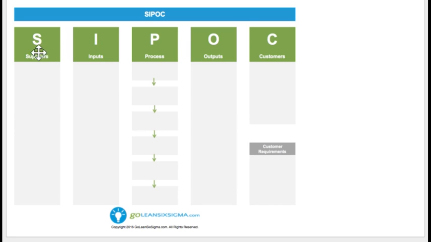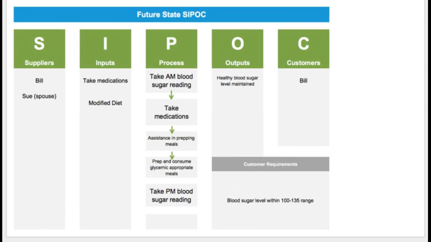So you can use the SIPOC diagram to document your suppliers' inputs, the steps to convert those into outputs, with who your key customers are, along with their specific requirements, because in a lean framework, you want to make sure to drive value to your customers. At the end of the day, the biggest return on investment is driving value to whoever the process customer is, whether that's an internal or external stakeholder.